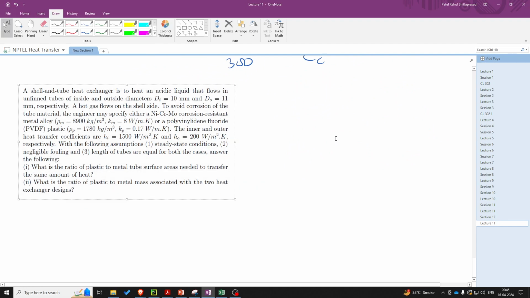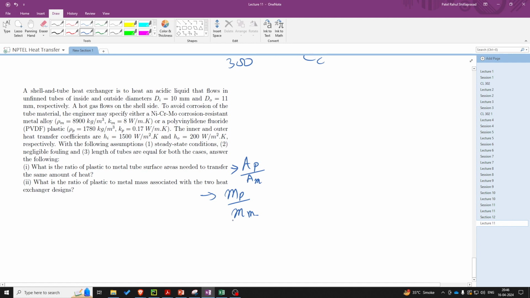So basically, in the first question we have been asked to find the ratio of area of plastic to area of metal, and in the second question you have to find the mass of plastic upon mass of metal.